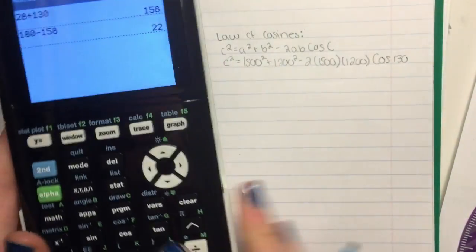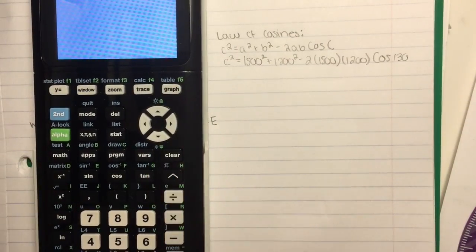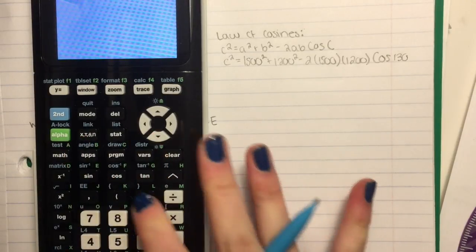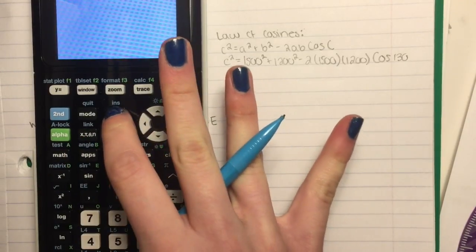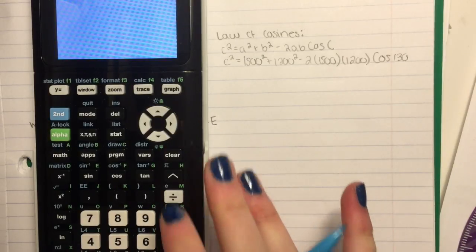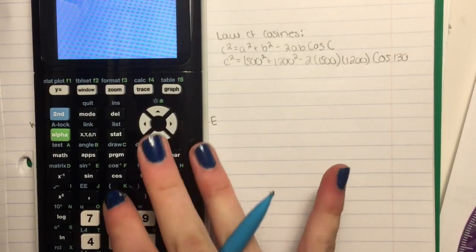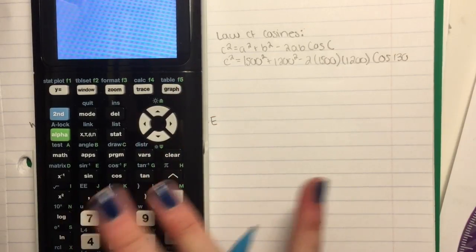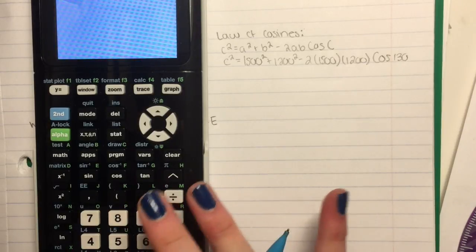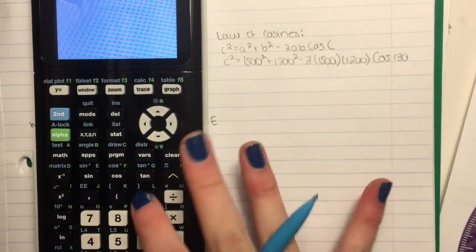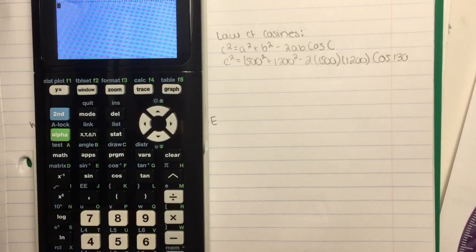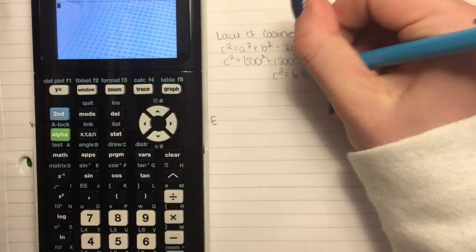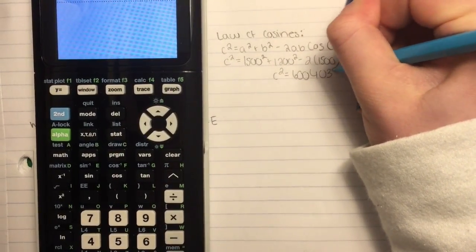Now, we can plug this equation into our calculator. So 1,500 squared plus 1,200 squared. All right, so our C squared is equal to this number right here, 5,395,000.